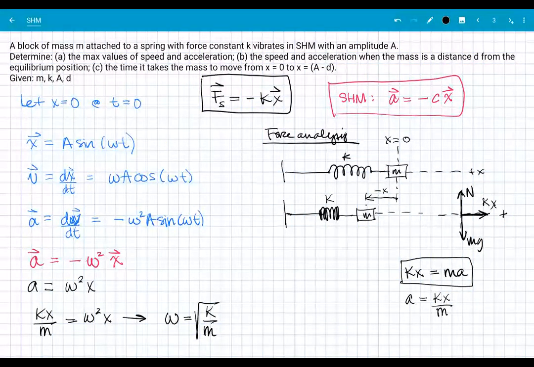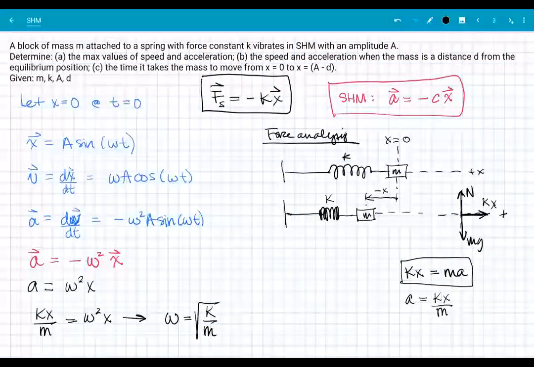The angular frequency of the system is based on the properties of two things: the spring constant of the spring and the mass of the block. If I know the spring constant and the mass of the block, then I can fully describe how my system is going to operate.